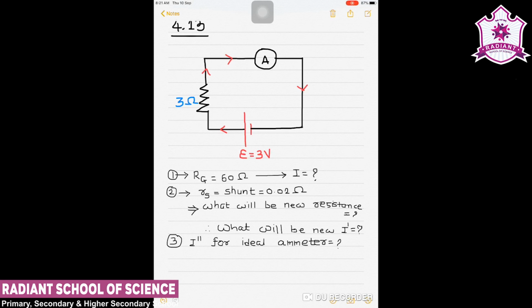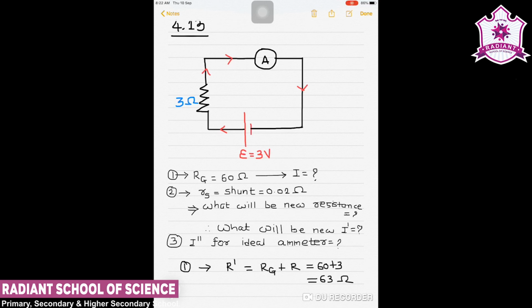So here we can calculate the current flow. Obviously the circuit has a total resistance R dash equal to Rg plus the given resistance of 3 ohm. Rg is given as 60, so that will be 60 plus 3 ohm, that is 63 ohm, the total resistance.